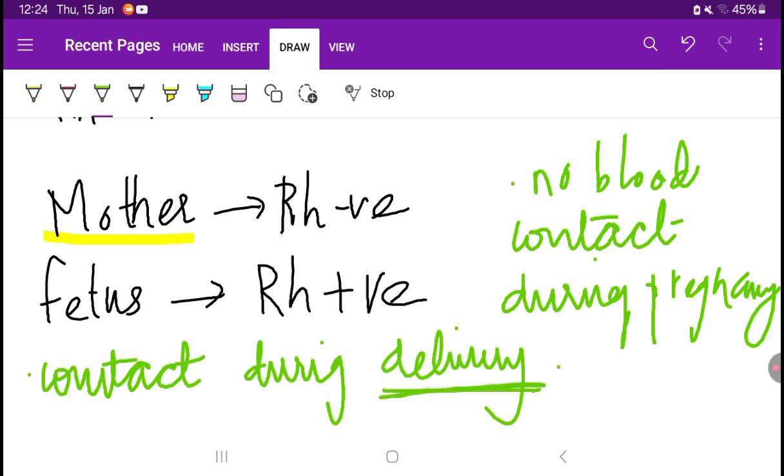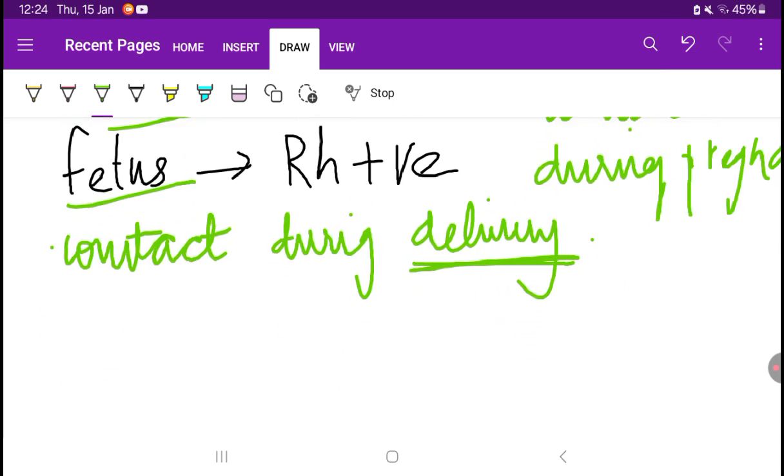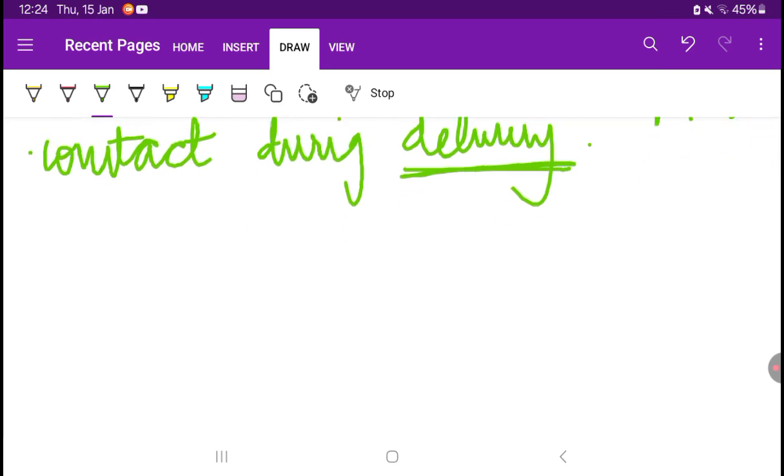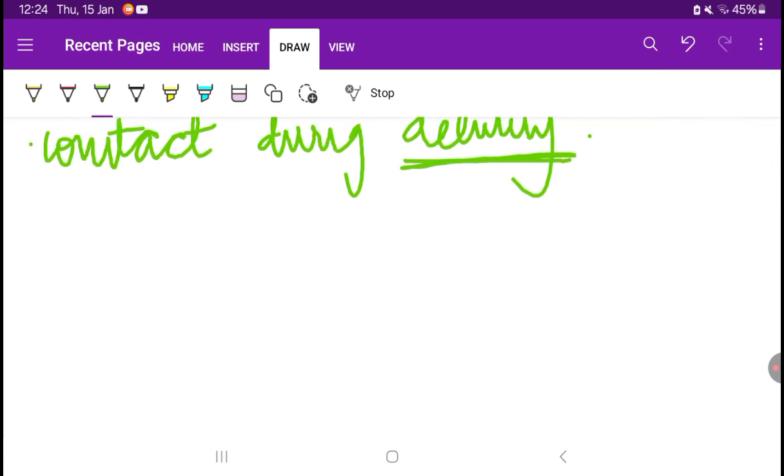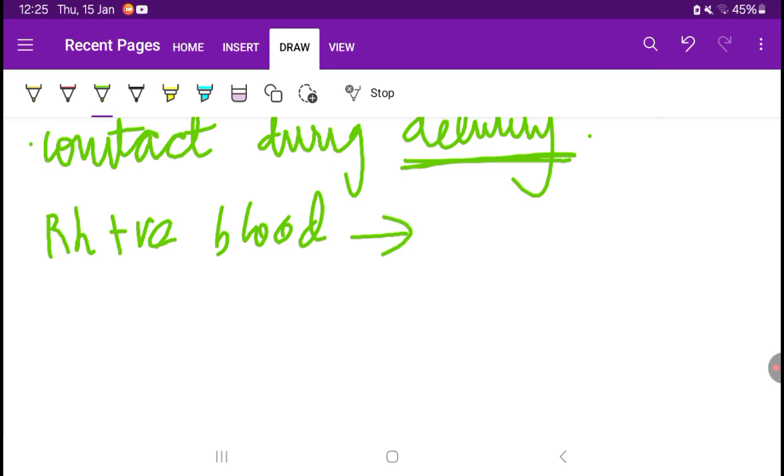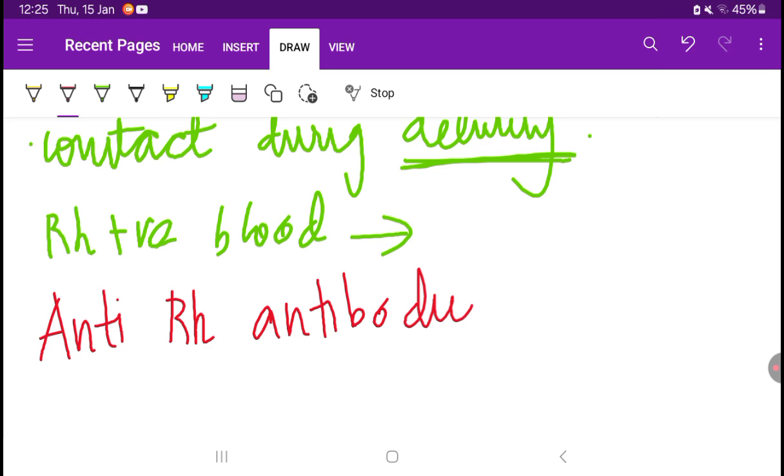During delivery there is a minor blood transfusion of mother's and the fetus's blood. At that time, the mother's body comes in contact with the Rh positive blood and produces anti-Rh antibodies, and they get stored in the memory cells.